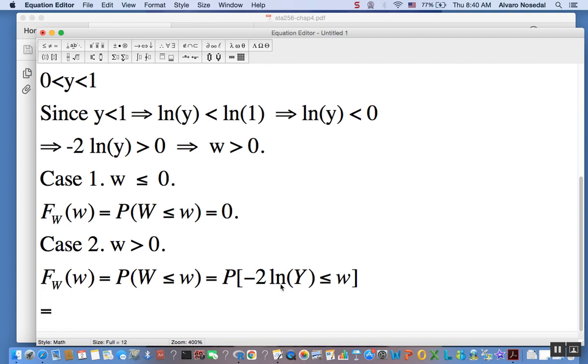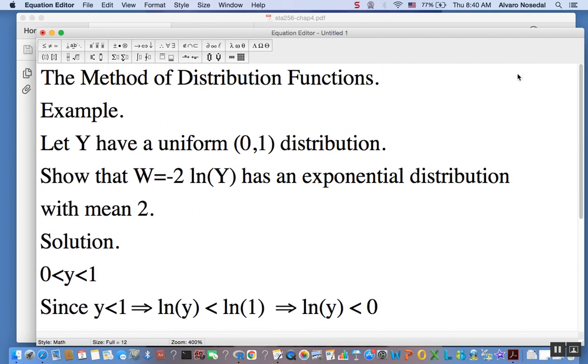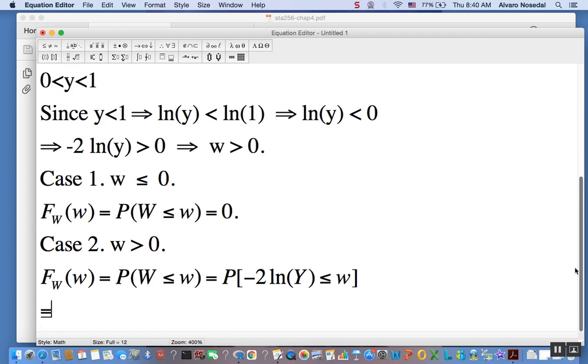How is this going to help us? Well, we know the distribution of the original random variable Y, right? So what we're going to try and do is solve for Y, express this event in terms of Y, and then use the information about the original random variable Y.